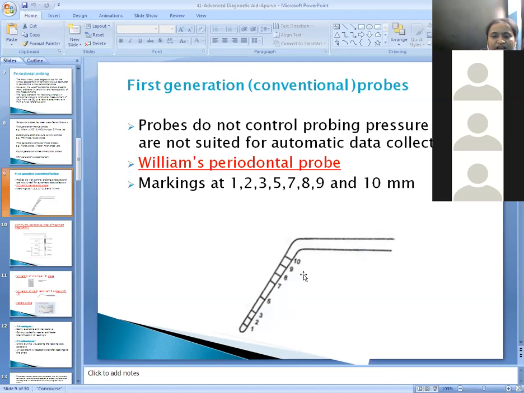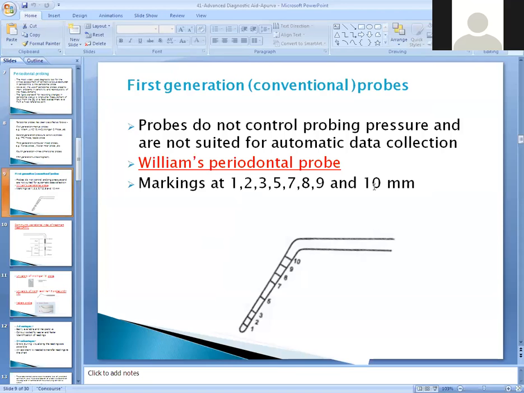Can you tell me the method of how to insert a probe? Any one of you, how do you check a pocket? Gajanan, how do we use the probe? Insert the probe longitudinal to the axis of tooth.